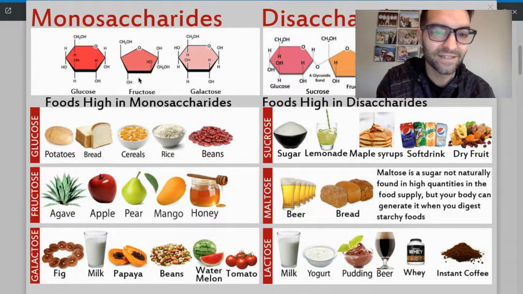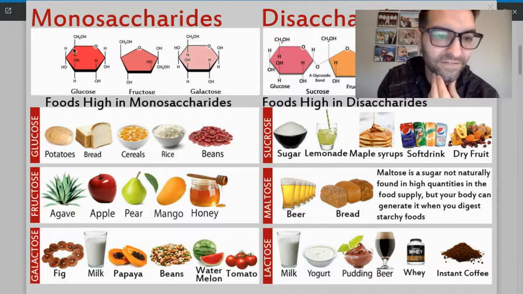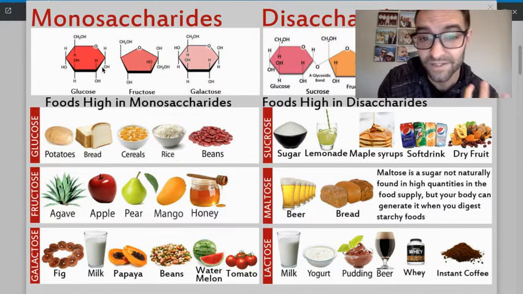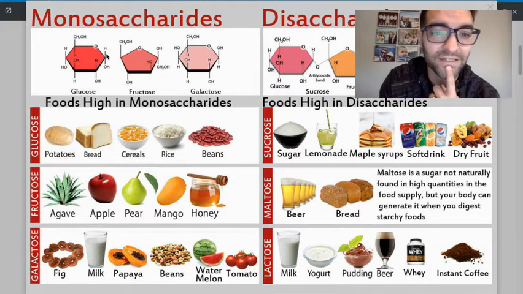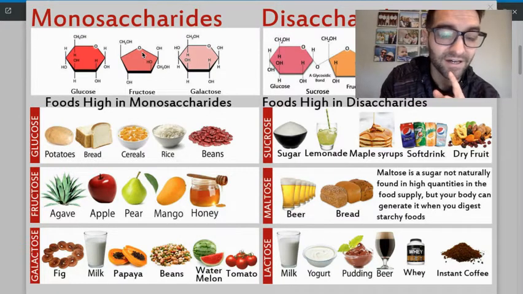And when you look at these, you might be like, well, what's the difference between glucose and fructose and galactose? They look kind of similar. And really the only difference is they all have what's called a carbon ring. So we've got these little connecting points that are carbons, and they're not labeled because carbon is so abundant. And so really the difference is you might notice the shape is a little different. Fructose has a different amount of carbon, and so we see that the oxygen is in a different location.